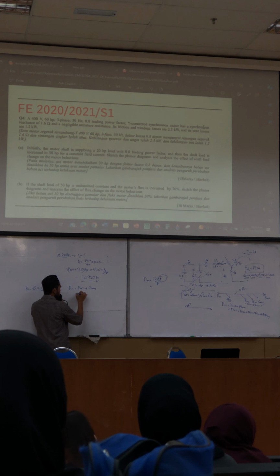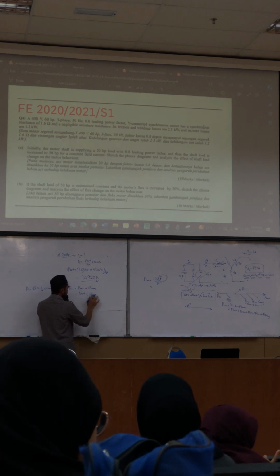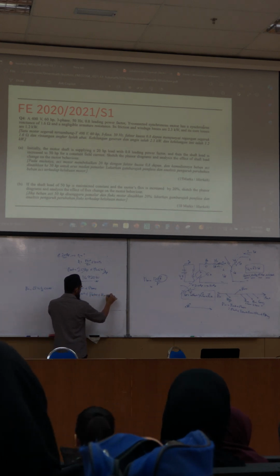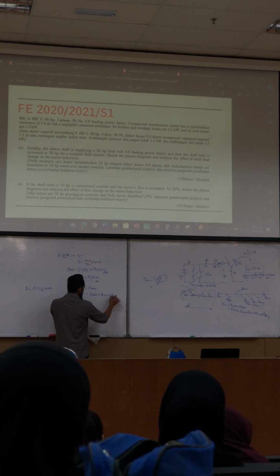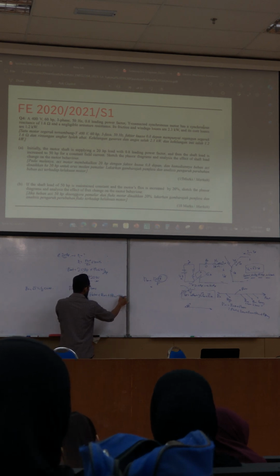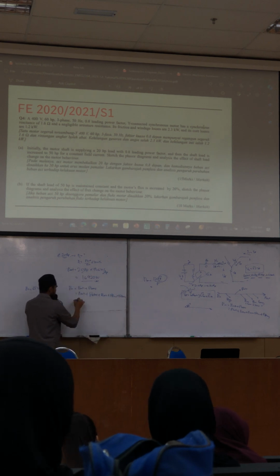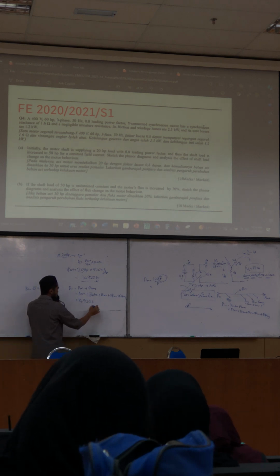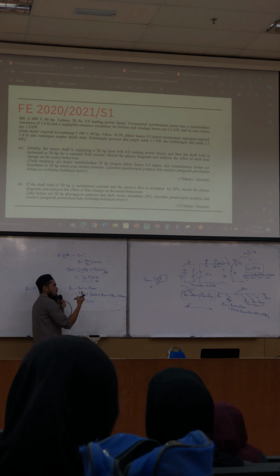That is P out plus P electrical plus P core plus P friction and windage plus P stray, so 14,920 plus electrical losses.